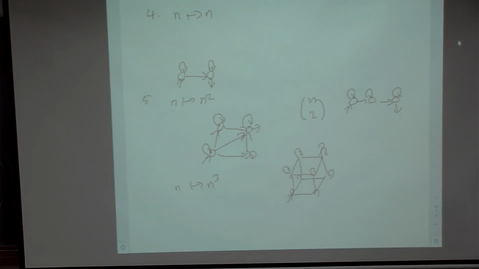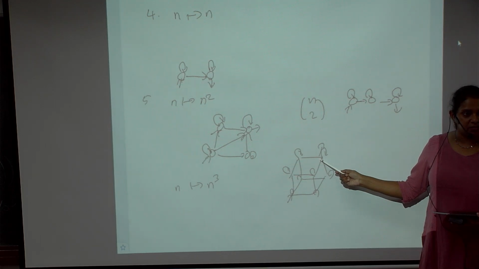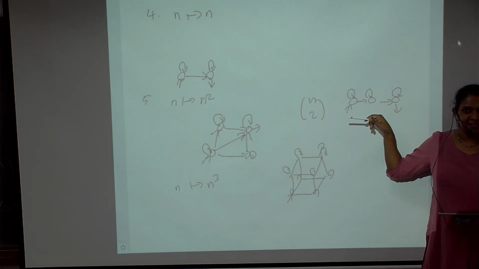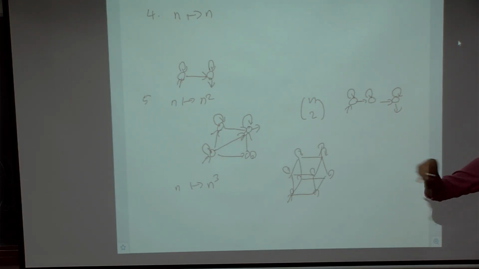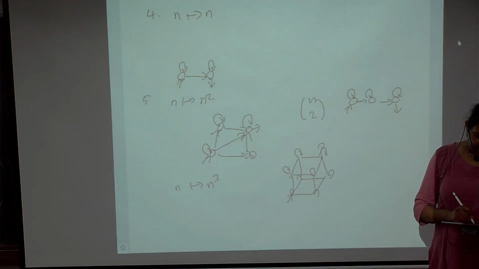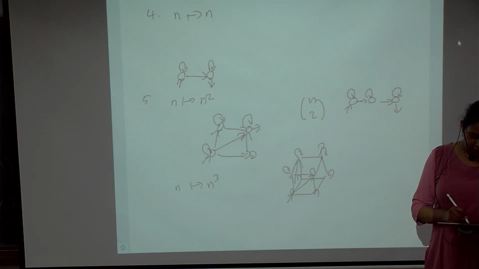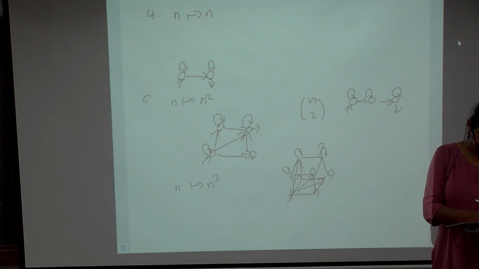Do you see that you have 6 paths from this vertex to the diametrically opposite vertex? So it's like 6 times n choose 3, because it's n into n minus 1, n minus 2 divided by 6. Now we have to add 6 times n choose 2, which I am going to add like this: 1, 2, 3, 4, 5, and 6.